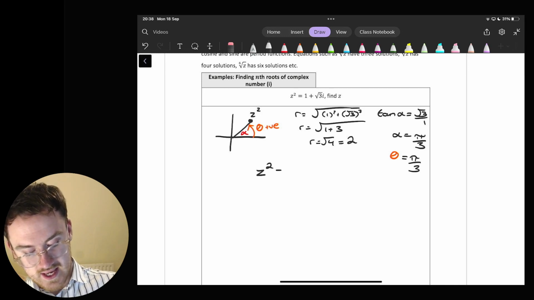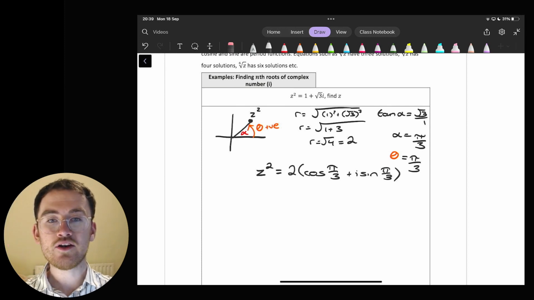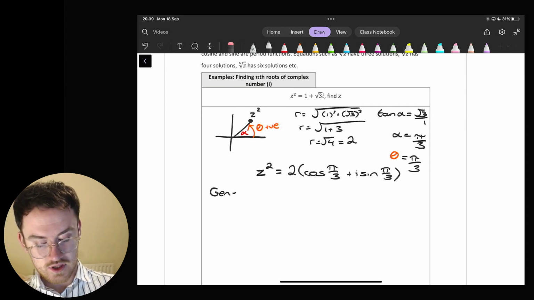And we can rewrite z squared then as 2 cos pi over 3 plus i sine pi over 3. Now, in order to find the root of this one, we need to write it in general polar form.